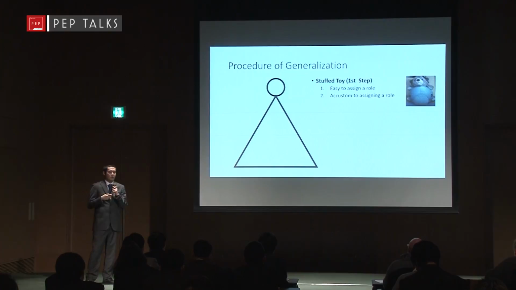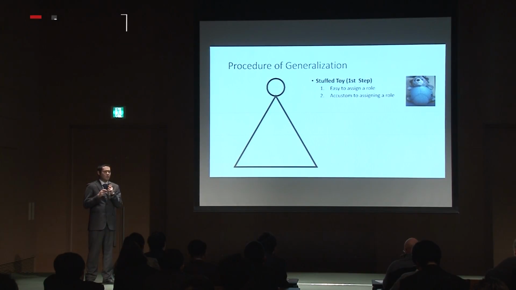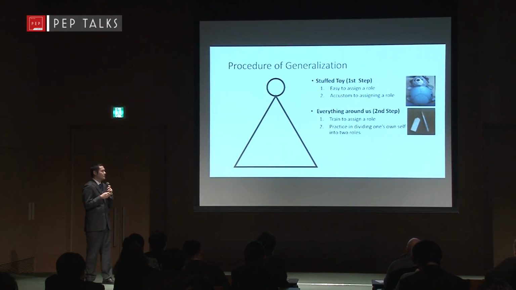First, assigning a role to a stuffed toy. The important point of this step is that people try to become accustomed to assigning a role. Second, training to assign a role to everything around us, for example, a pencil or an eraser.